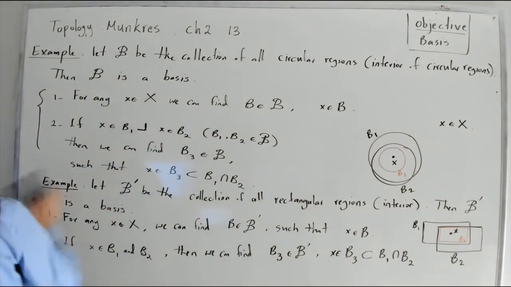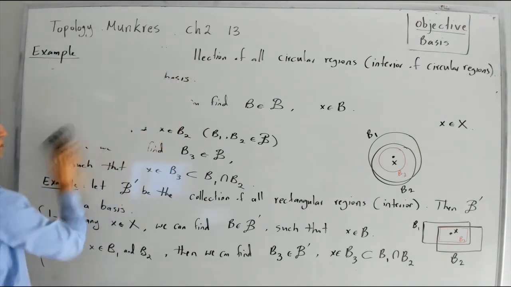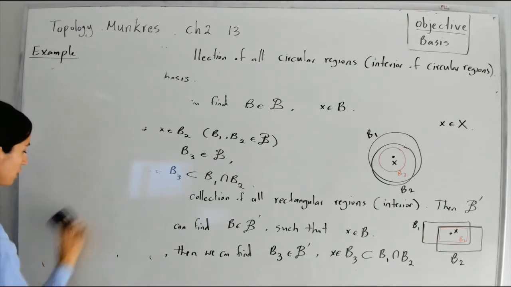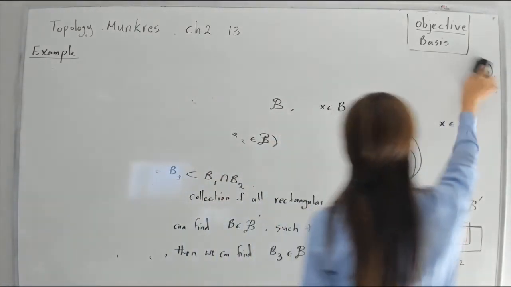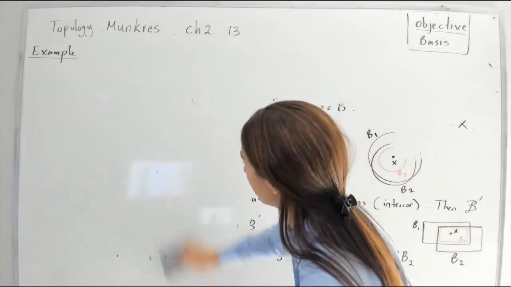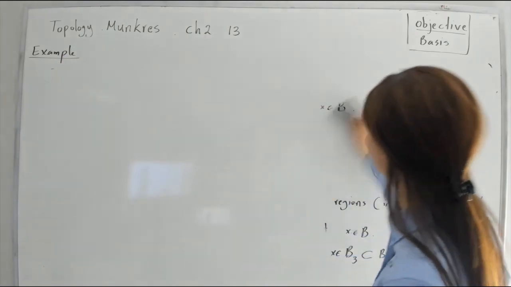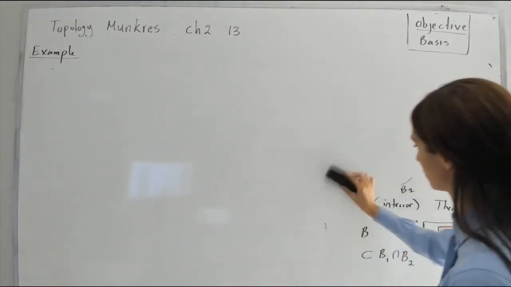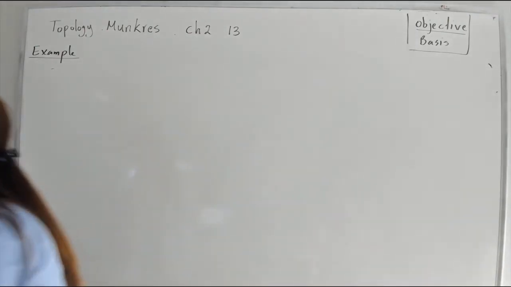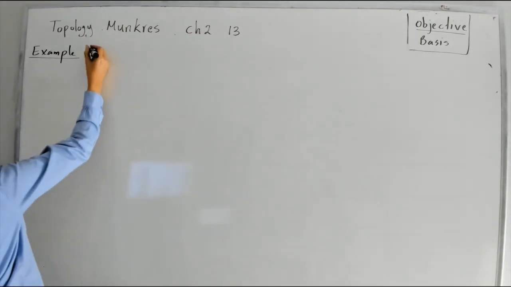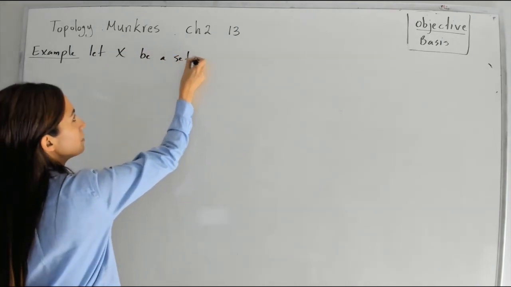Another example for you. Recall the discrete topology, which is the collection of all subsets of X. We can define a basis for the discrete topology. So let X be a set.